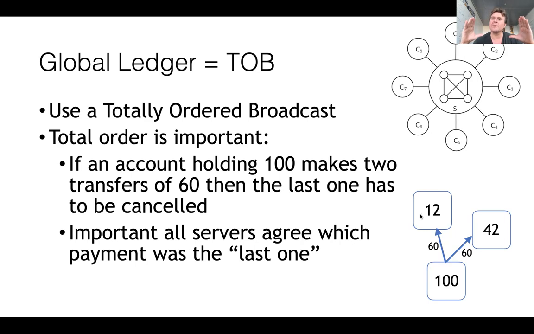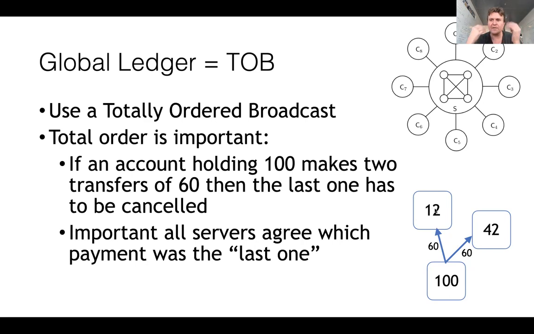But then it's also very important that they agree which of these 2 transfers were the last one, because it's the last one that needs to be rejected. We cannot have half of the planet rejecting this transfer, and then this keeping 12, and the other half rejecting this transfer and bringing this account here into 72, because then the system is now inconsistent, and it breaks the consistency of the system.